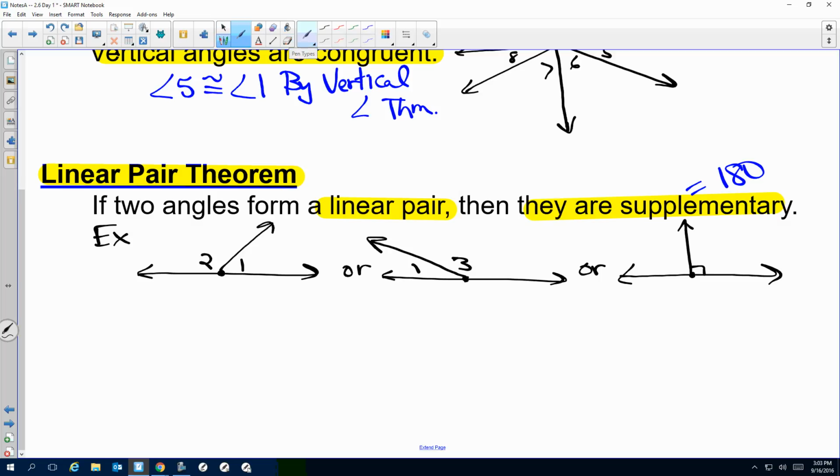That box is a symbol for 90, right? So if I write it for one, I'm saying it for the other. I do not need to put the box over here too. All I need to do is write it on one side. And I'm proving, because I know that they're supplementary, so I know this is 90 as well. So have your examples of linear pair.